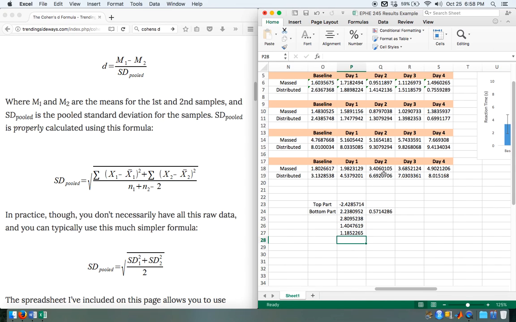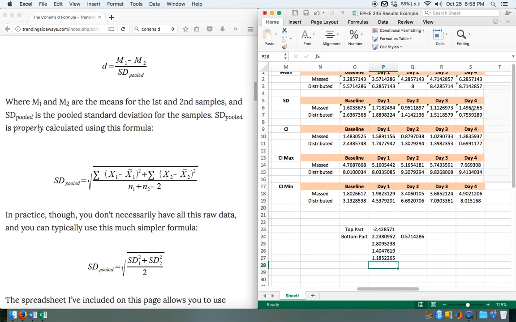So again, what I did is I have my standard deviations here, as you see, okay? Standard deviation 1 and standard deviation 2. And then I started off by just squaring it. So I get these 2 values. Once I have the 2 values squared, I added them together, okay, as you see here. Then I divided that by 2, so I get the middle. Then I have the whole square root thing.